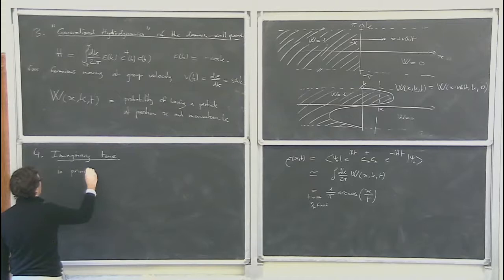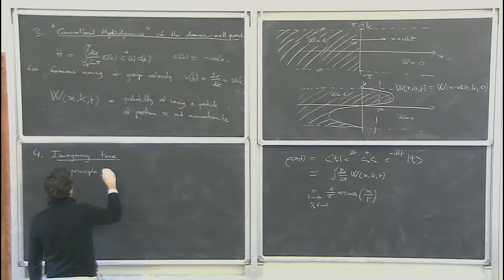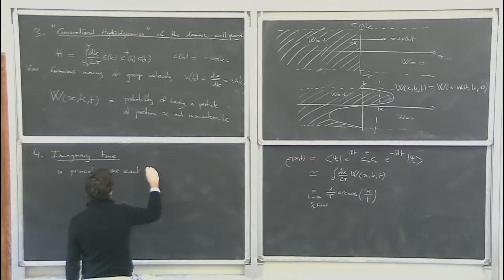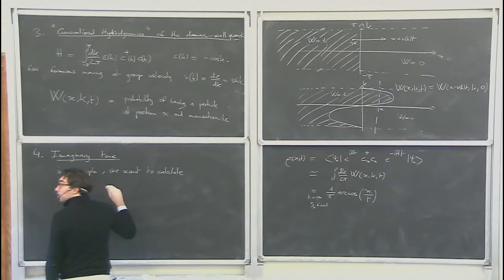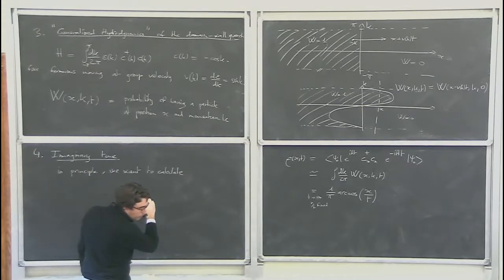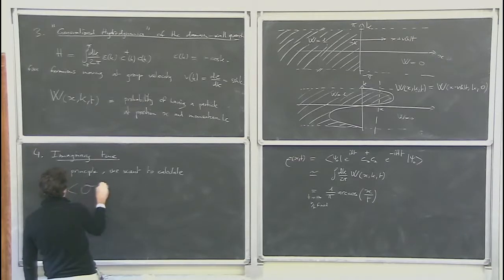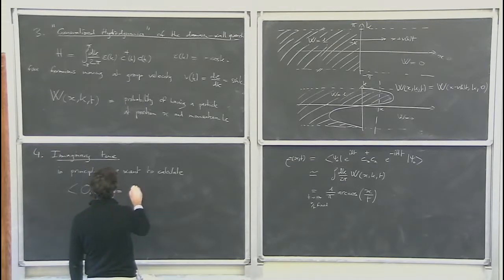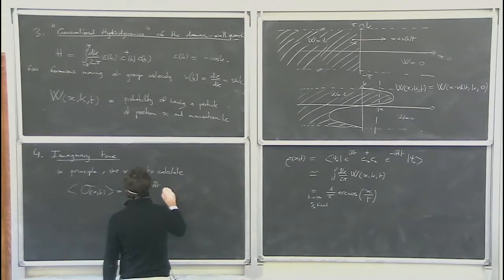In principle, we are interested in real-time observables, in calculating things like this: in that initial state, e to the iHt, some observable at position x, and e to the minus iHt.